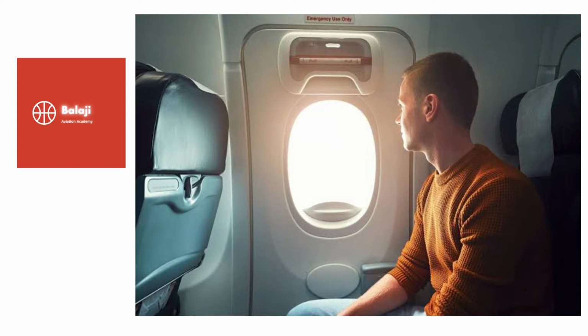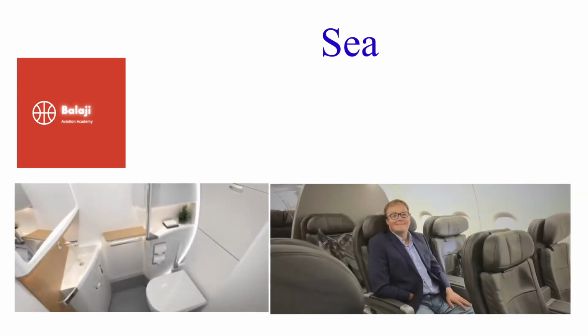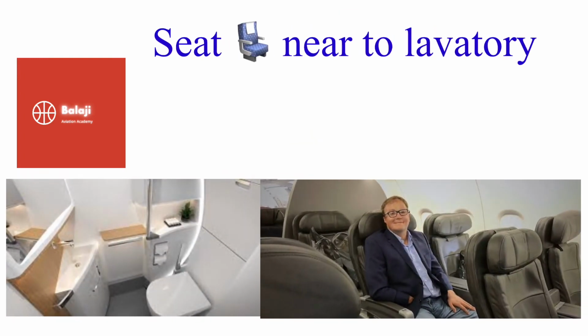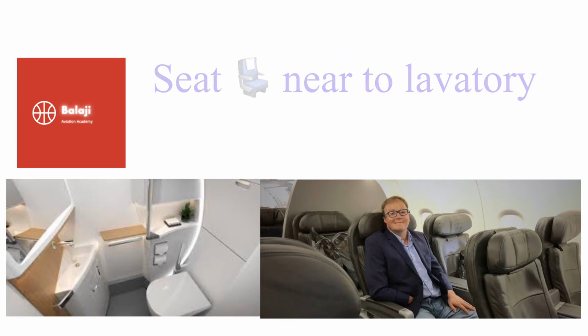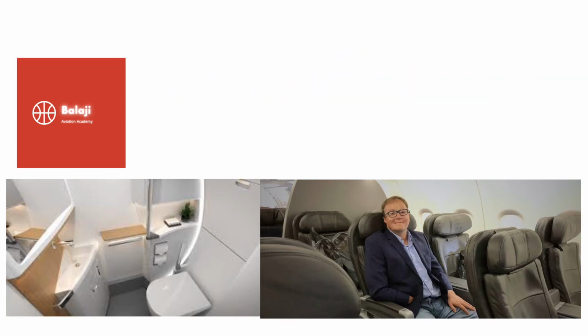The third part is a seat close to the lavatory or exit for the passenger with a mobility impairment. A person who is not able to walk at all should be seated next to the lavatory, because when they want to use the lavatory, you cannot expect them to walk a long distance.